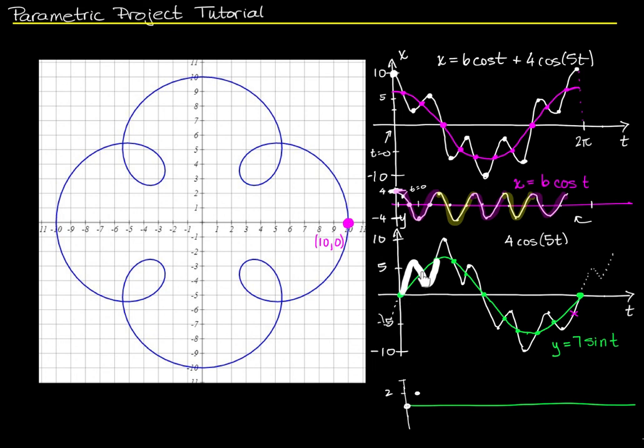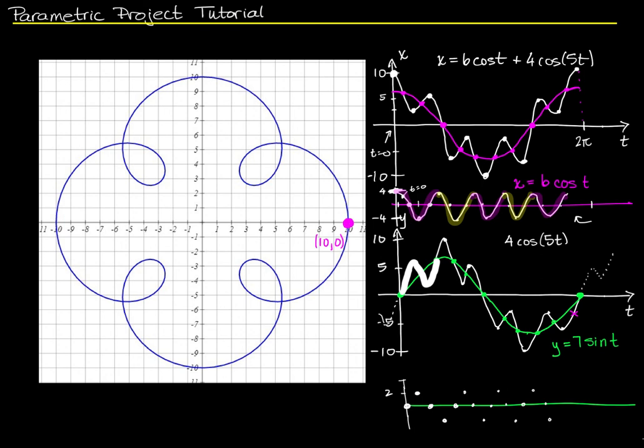And then here it's 0. And here, how far above the green graph is the white graph? It's not, it's below. So how far above is it? Negative 2. How far above is it? 2, 0, negative 2, 0, and so on. So here I'm going to get the same kind of pattern that I did previously.